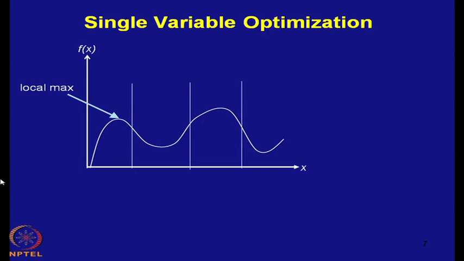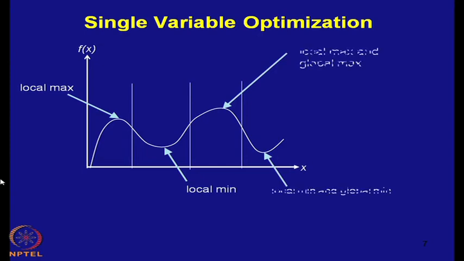Globally, in the third subinterval we have the global maximum, but we also have one local maximum in the first subinterval. As I said, formally I will tell you mathematically how to define local maxima and local minima, rather the relative maxima and relative minima, or the global maxima or the global minima.